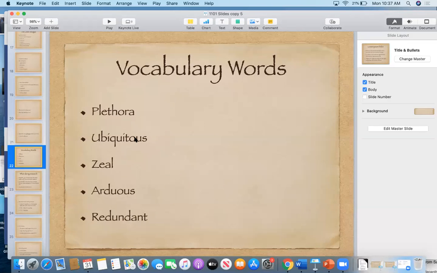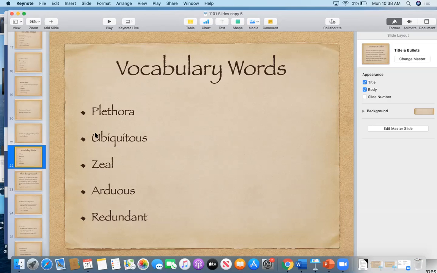So I pulled words from the GRE, the most commonly used words on the GRE. The GRE is very similar to the SAT or the ACT, if you've taken those. It's just for grad school. These are common words that can maybe strengthen your vocabulary. In class, we look up each word, and then you come up with your own sentence using it. Maybe at the end of the semester, I'll give you a list of all these words that you can keep with you if you want to.